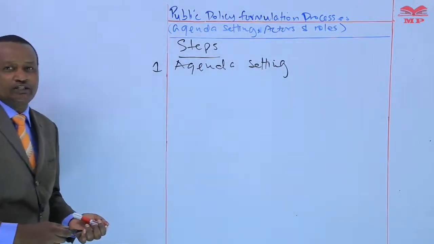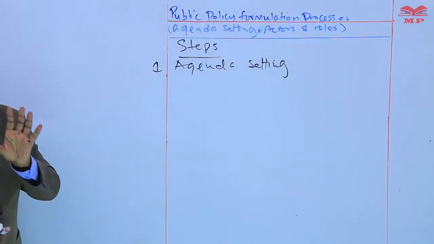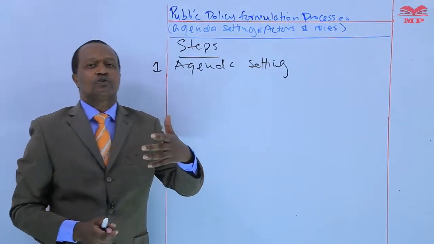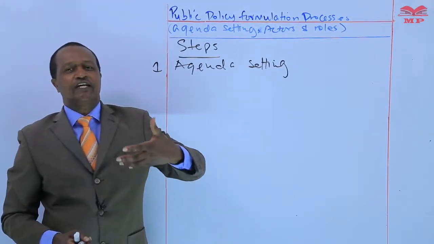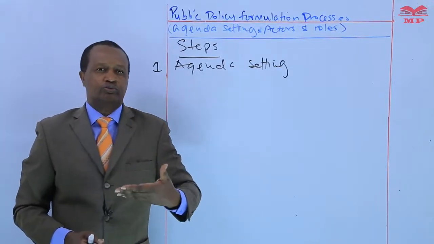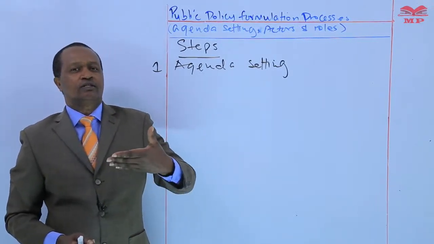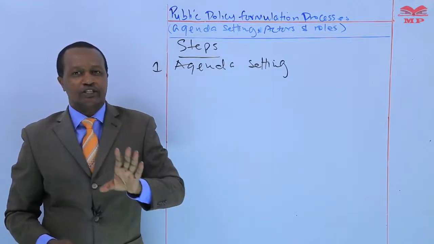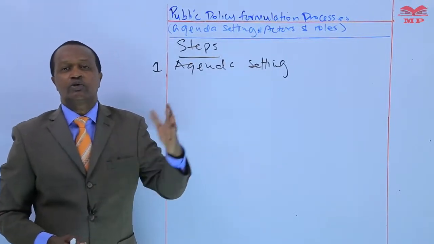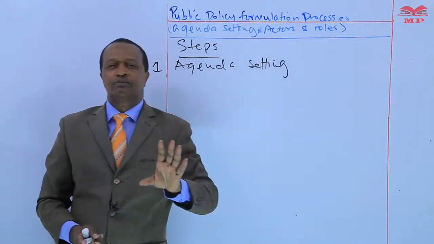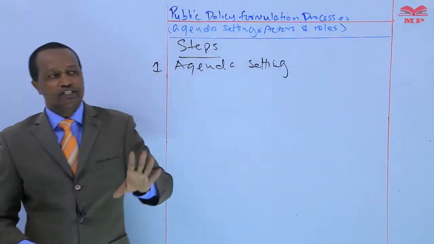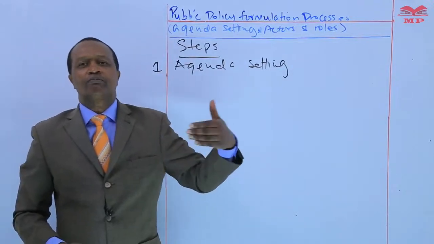Setting of the agenda. The first stage of the policy formulation process involves identifying and defining the problem or the issue that the policy is intended to address. There can be no policy without a problem. Policies are put in place to address specific problems. So policies are driven by problems.